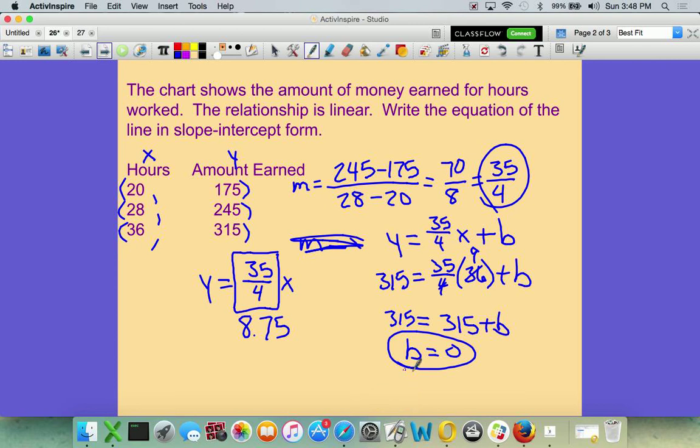Sure you could. This would be like a bonus. Maybe it's a sign-on bonus when you start your job. Maybe it's a Christmas bonus or a bonus for doing a good job or something like that. So that's how this all works together. Our slope, the rate of change, is the same as how much we make per hour. Our y-intercept in this case is treated like a bonus.